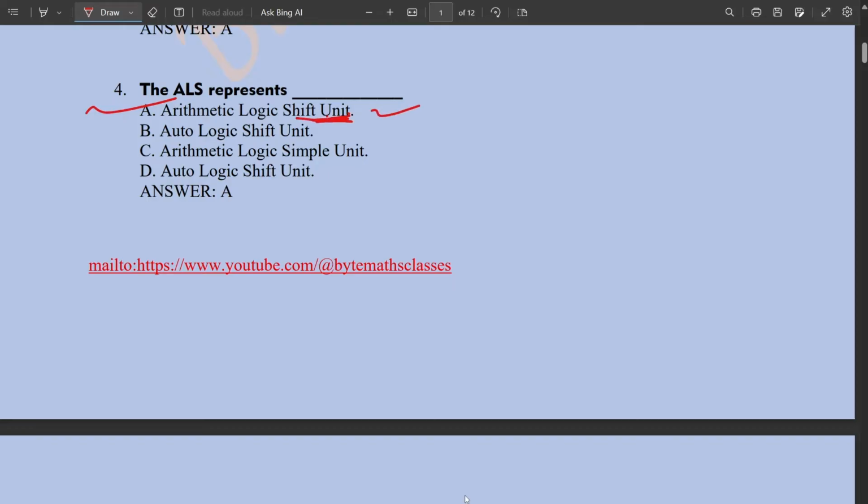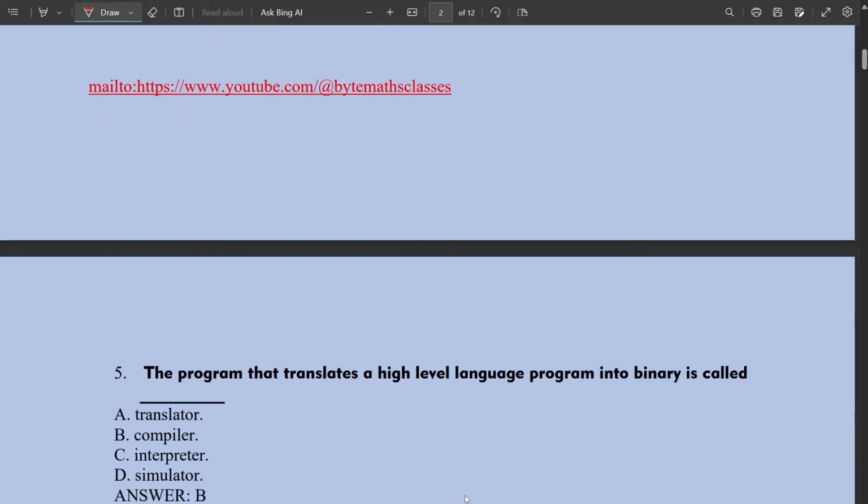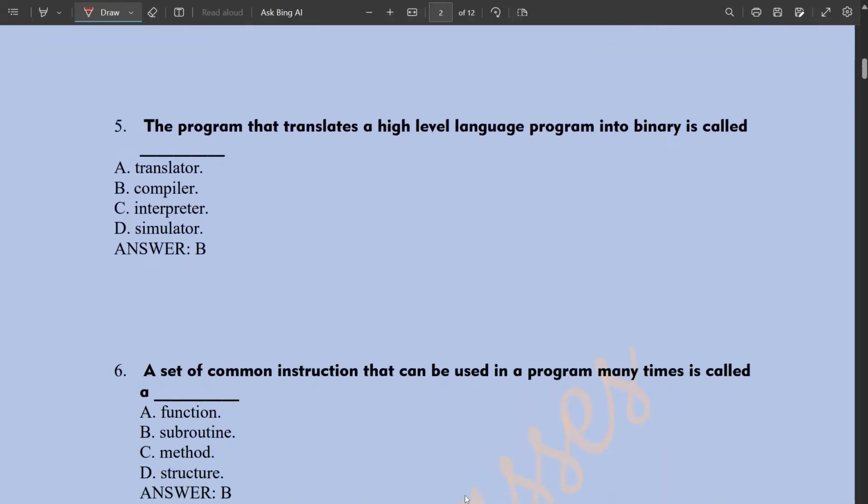Arithmetic logic shift unit. Next, the program that translates a high level language program into binary is called a compiler.